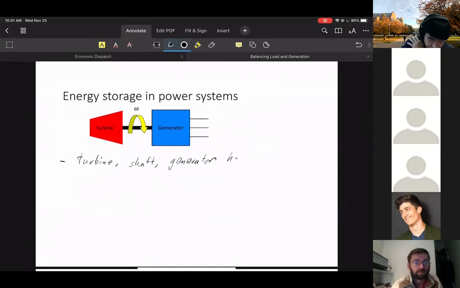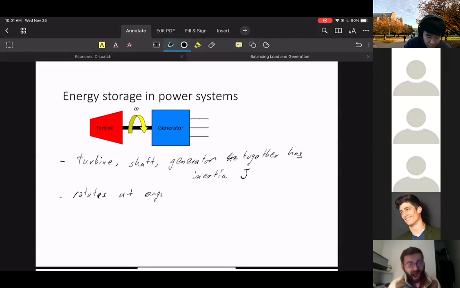Together they have some inertia J. Okay? And this rotates at angular speed omega, radians per second, let's say.